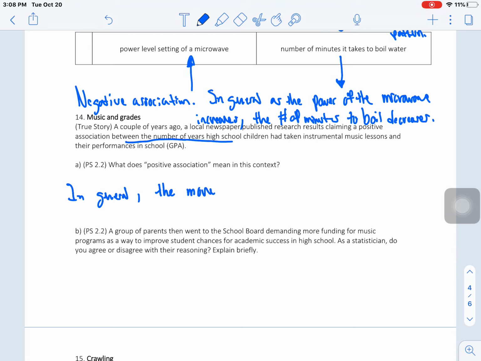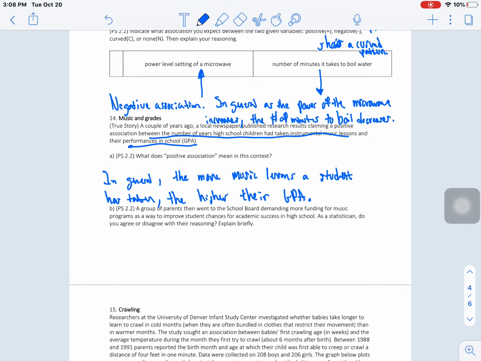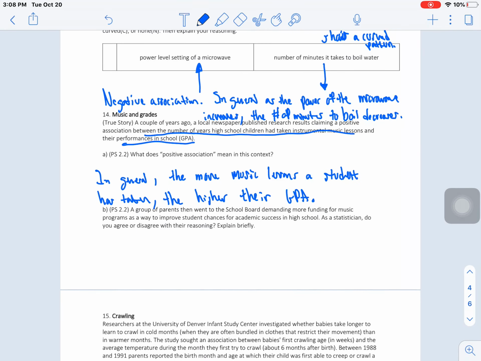So the two things we're talking about, number of years had taken music lessons and their performance in GPA. So in general, the more music lessons a student has taken, the higher their GPA. And we know that that's not always true, but generally speaking, since we have a positive association there.